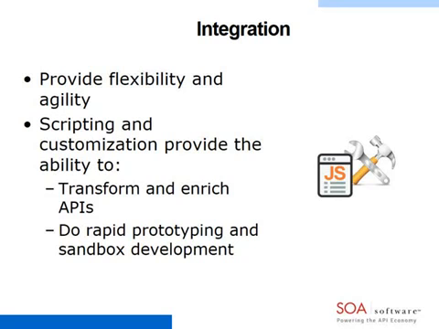Imagine if you could decouple, for instance, your app development from your API development by simply creating a set of API stubs within an integration framework that your app developers could then go and use to build their application, and in parallel to that, you can then go and stitch together and build your backend APIs to support that mobile app. So it allows you to do rapid prototyping and allows you to facilitate sandbox development and allows you to also transform and enrich the APIs that you're exposing to the outside world.